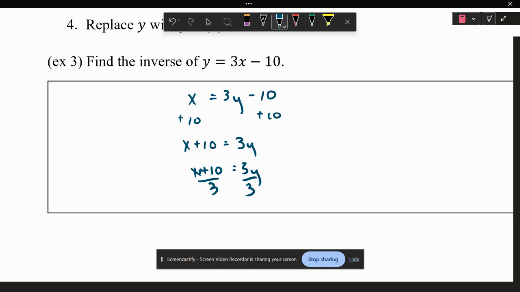So then we'll get y equals x plus 10 over 3. And then we want to exchange the y for that inverse notation, just to show that that is our inverse function.